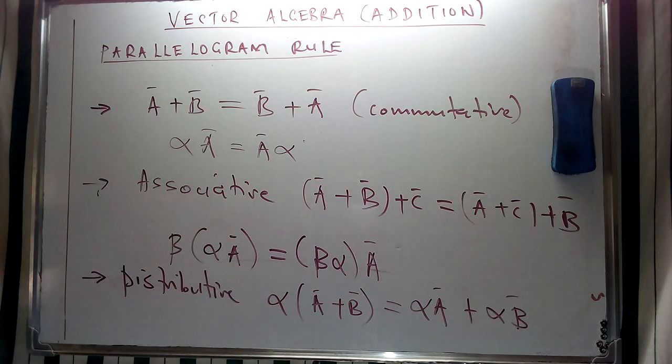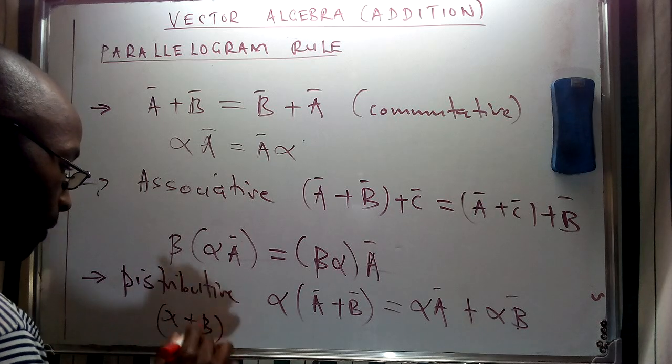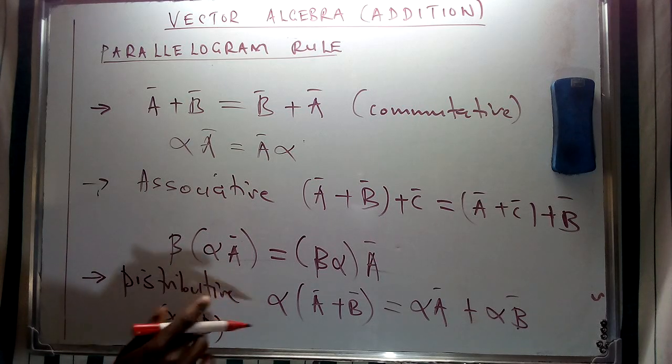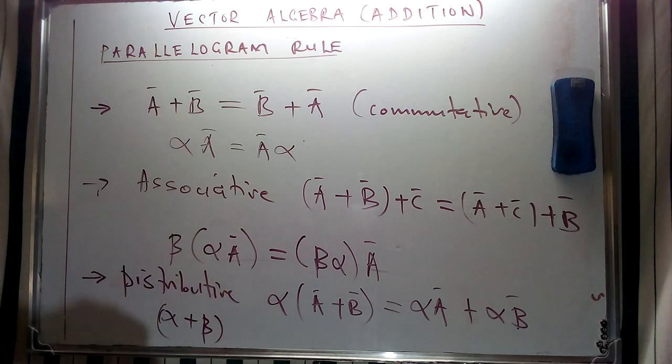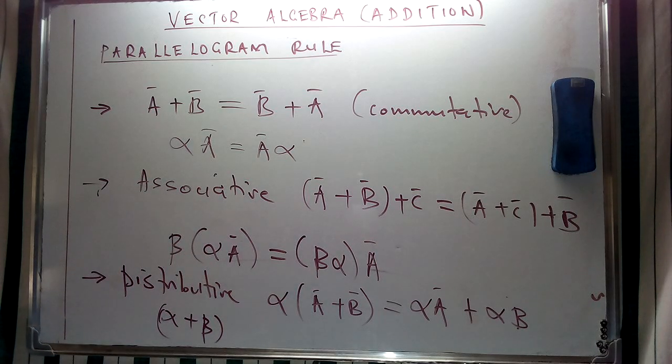This also applies to multiplication by various scalars, where alpha plus beta, this is beta, not B, can be described as follows.